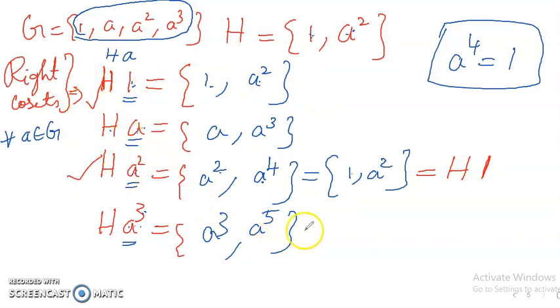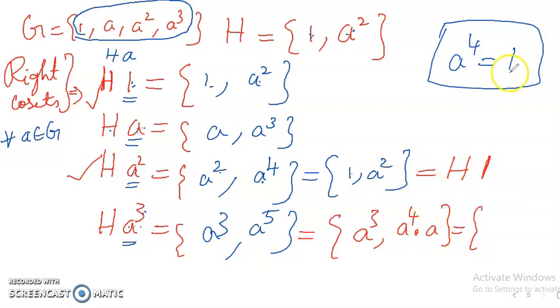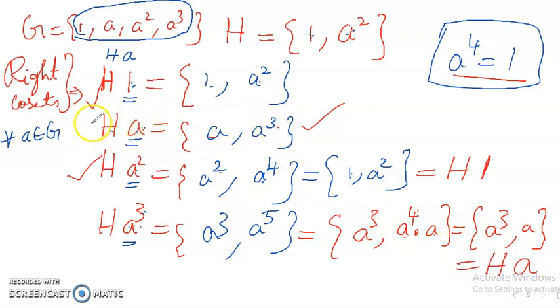Now the next case: a⁵ can be written as a⁴ times a, and a⁴ is 1, so it is 1 times a, which is a. So we write {a, a³}, and a³ is here. So Ha and Ha³ are identical.